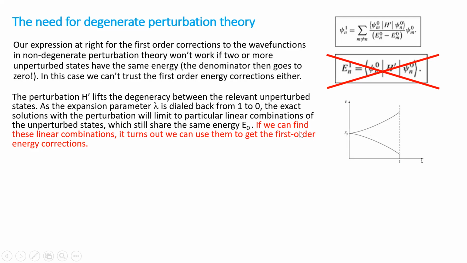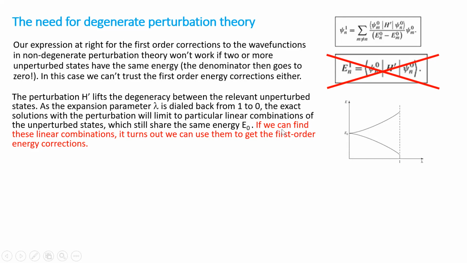It may not be the states that we start with, but it would be some linear combinations of those unperturbed states, which the exact solutions will limit back to as we go back to lambda equals 0.